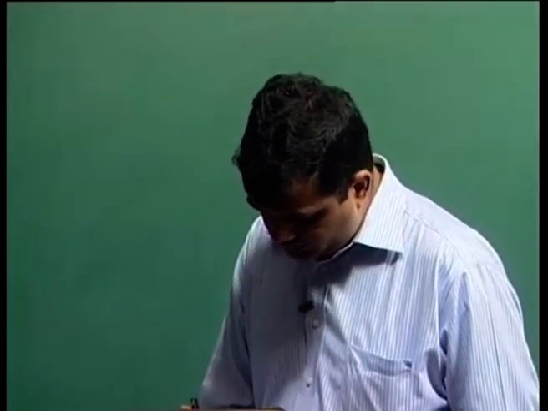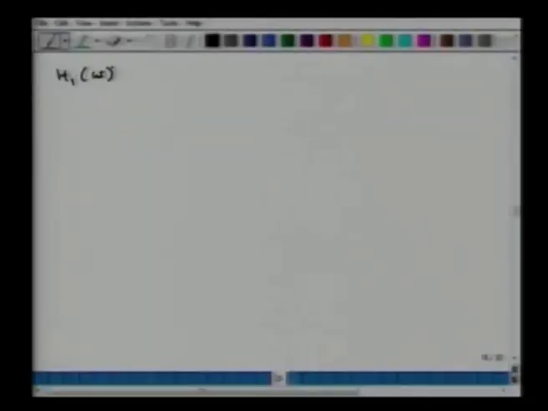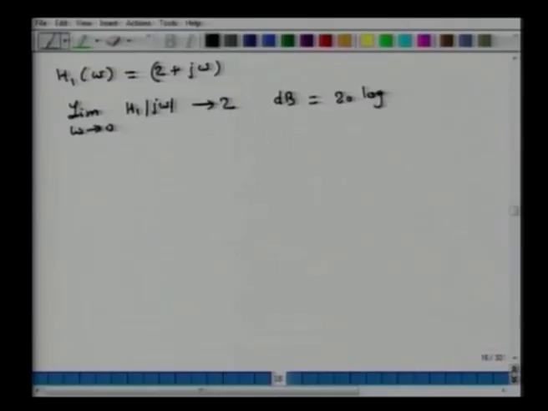So we will construct a Bode plot for H1. We know that H1(omega) equals 2 plus j omega. So the limit as omega goes to 0, I'm essentially developing an asymptotic response for H1(j omega), is 2. So my decibels is 20 log 10 of 2, which is about 6.02.